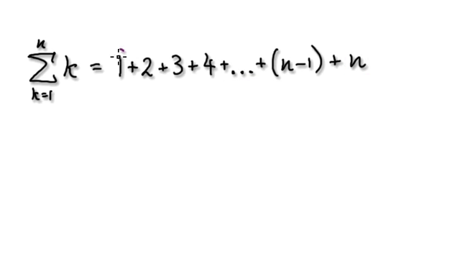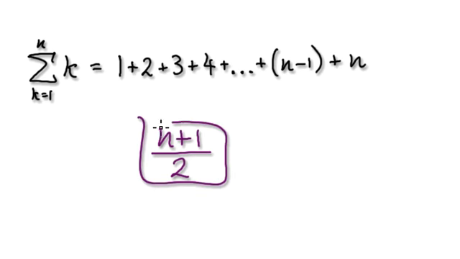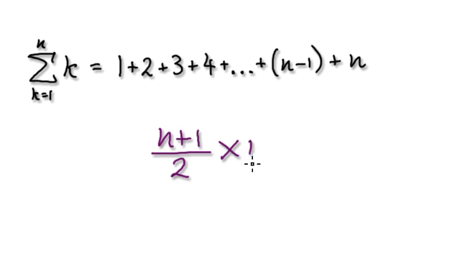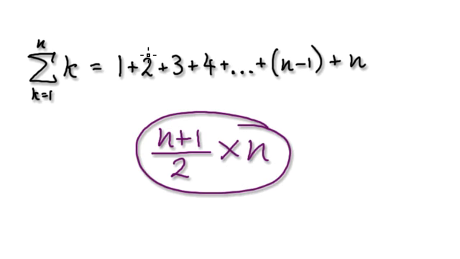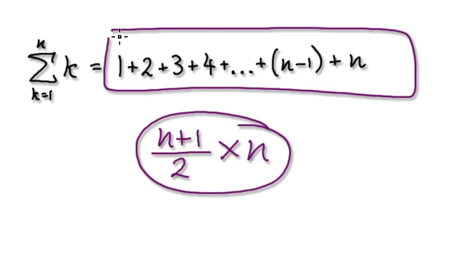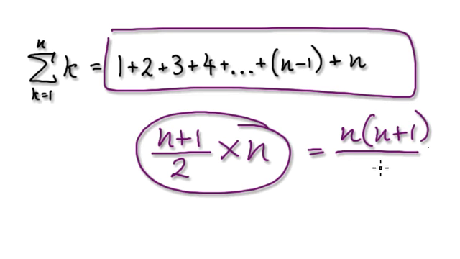So in general, get the first term and then add it to the last term, so that would be n plus 1, and then immediately divide it by 2. This would represent your average, and then times by n. This will give you the sum of everything. So this is really the same as n times (n plus 1) over 2.